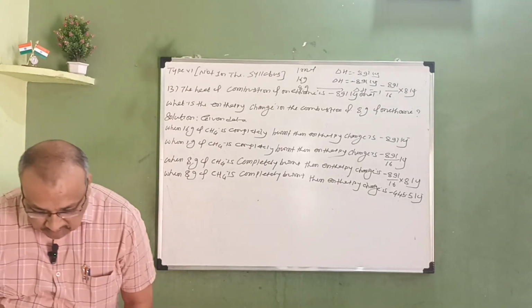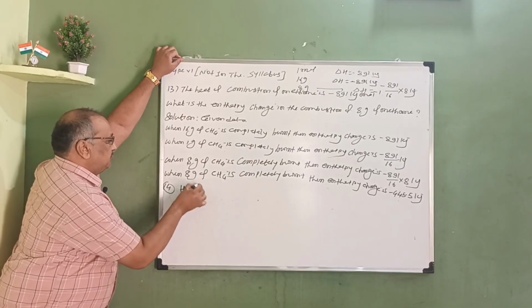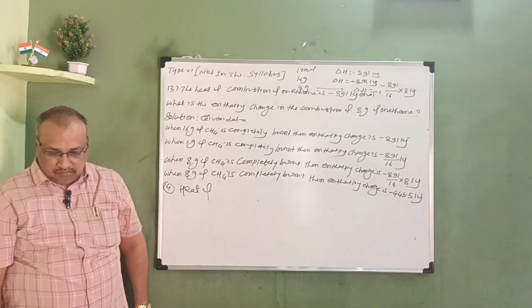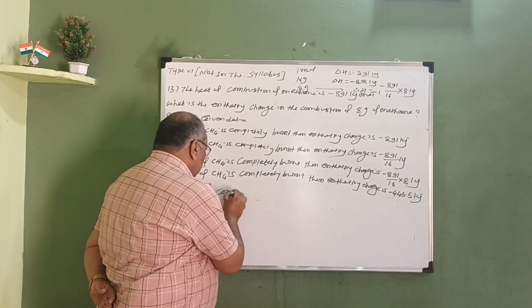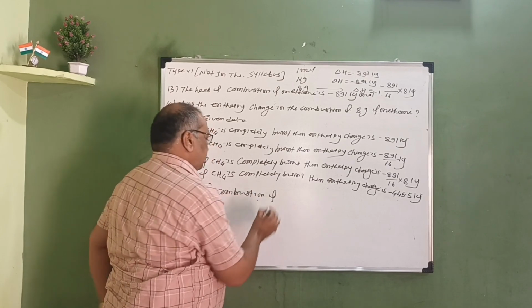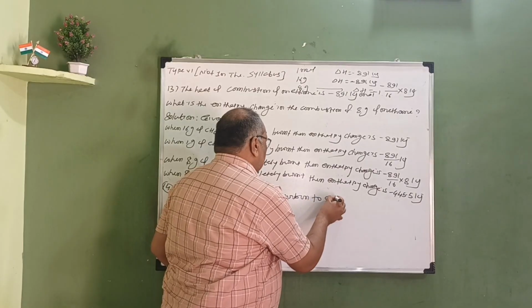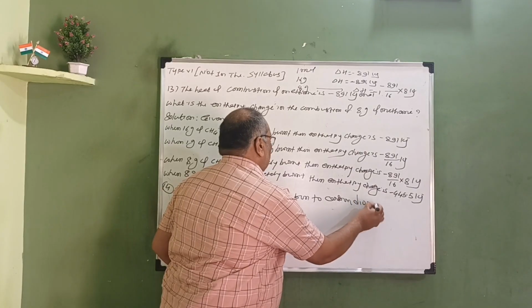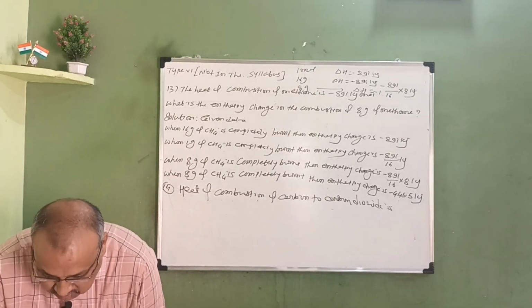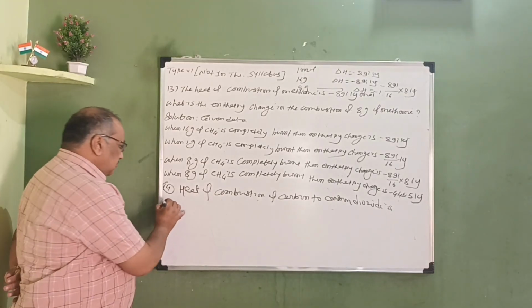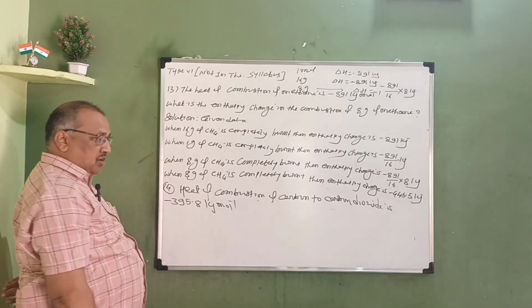Now here write down next numerical. Heat of combustion of carbon to carbon dioxide is minus 395.8 kilojoule per mole.